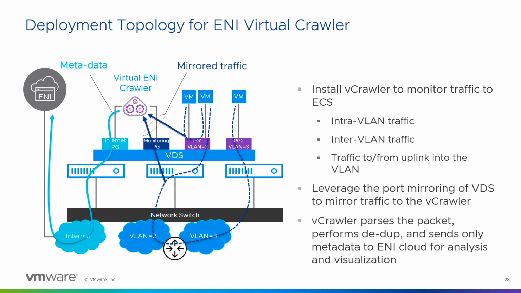It's going to leverage VDS to be able to basically span all of the data that are going out of the cluster or a single host to this specific VM, and then the ENI crawler will ingest all of that data and then consolidate what it found in metadata, and then send it to the cloud for analytics or alerts and so forth. It does require VDS or vSphere distributed switch. So if you're using a standard switch, it won't work because port mirroring or span is only enabled in VDS.